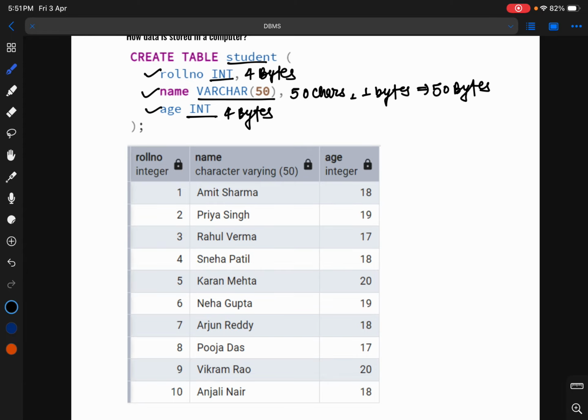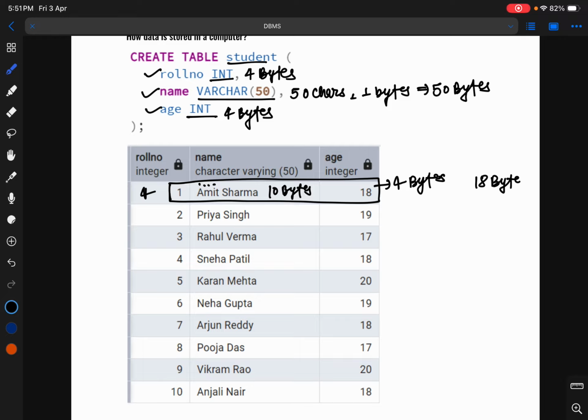So to store one row, this one row will need 4 bytes from here. Here it will only need technically 10 bytes for 10 characters, and here again we'll need 4 bytes. So for this row we'll need 18 bytes, minimum 18 bytes to store this row.